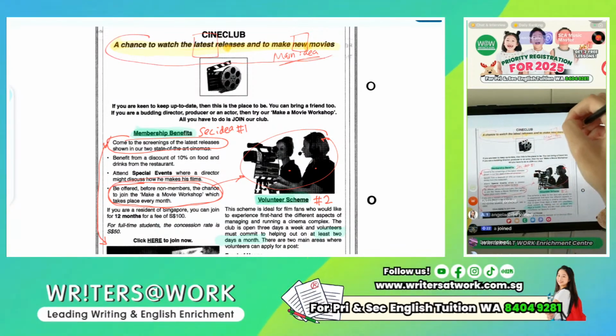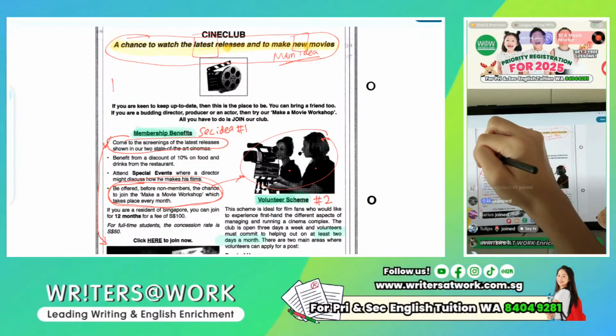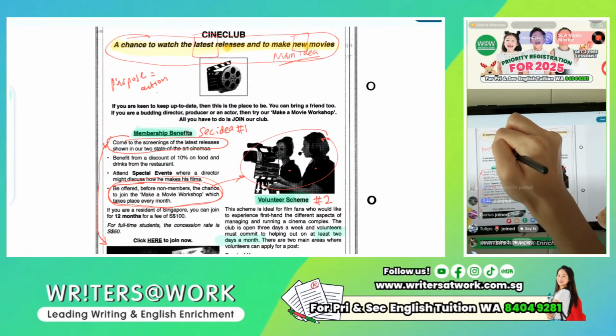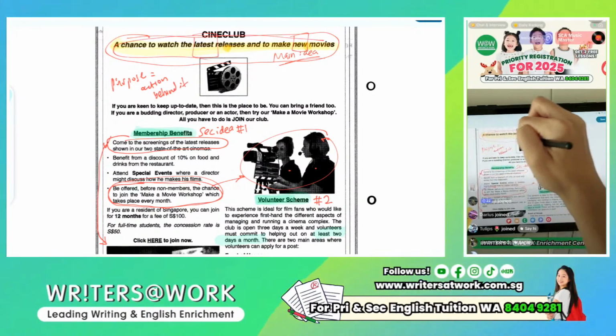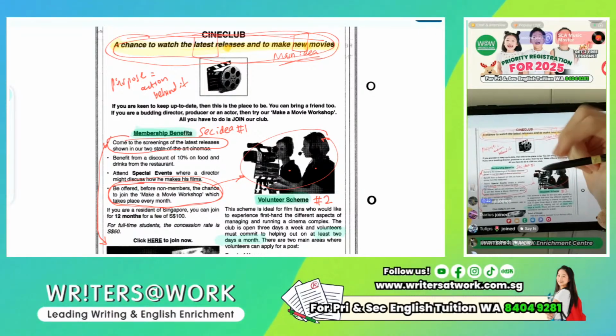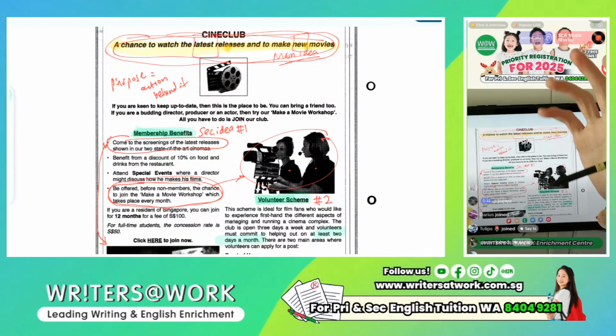A chance to watch the latest release, make movies, etc. But the purpose needs to have an action behind it. So while this is the main idea, they want you to enjoy these benefits, but the main purpose is actually for you to join the club.